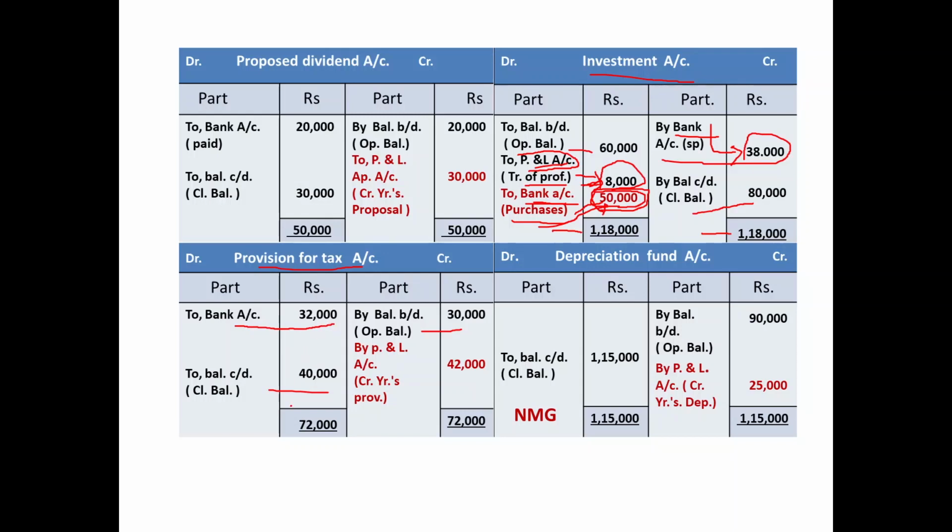Close the account. Debit side looks bigger, 72,000. Put it on the credit side, 72,000. That gives a balancing figure on the credit side, 42,000. What it could be? Apply the common accounting sense. It must be the current year's provision. Profit and loss appropriation account debited to income tax provision account credited current year's provision.